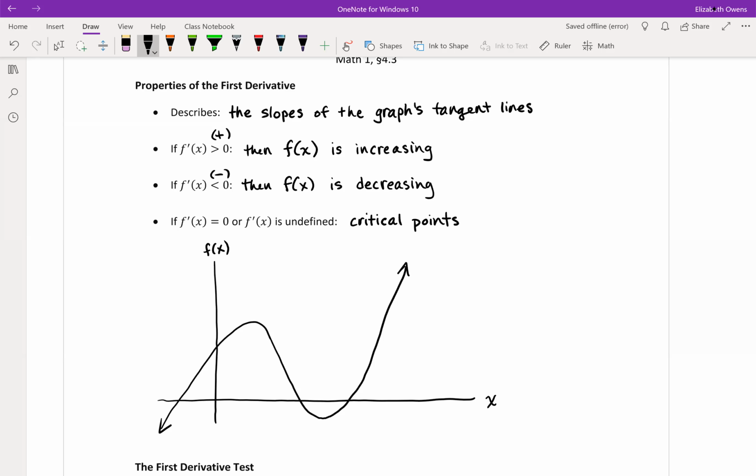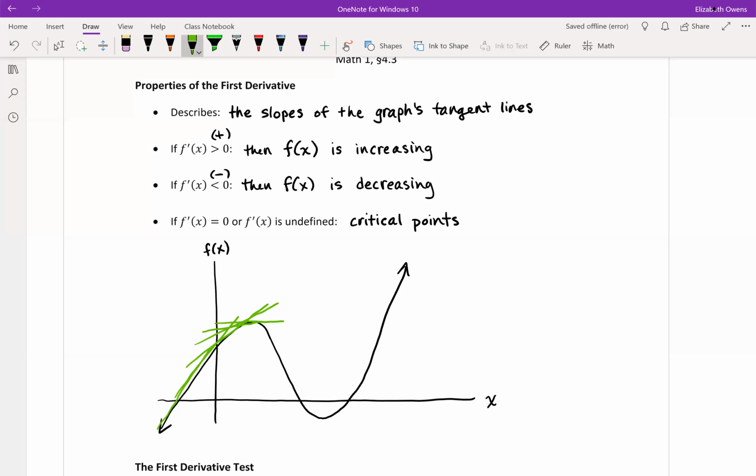Okay, so there's a nice little function, and our derivative naturally describes the slopes of this graph's tangent lines. So places where our derivative is positive, we would look for those positive tangent line slopes, and that would be all over here. Then we can see they level out until we get a horizontal tangent line right at the top of the hill there, so to speak. And so that is our critical point, like someone mentioned.